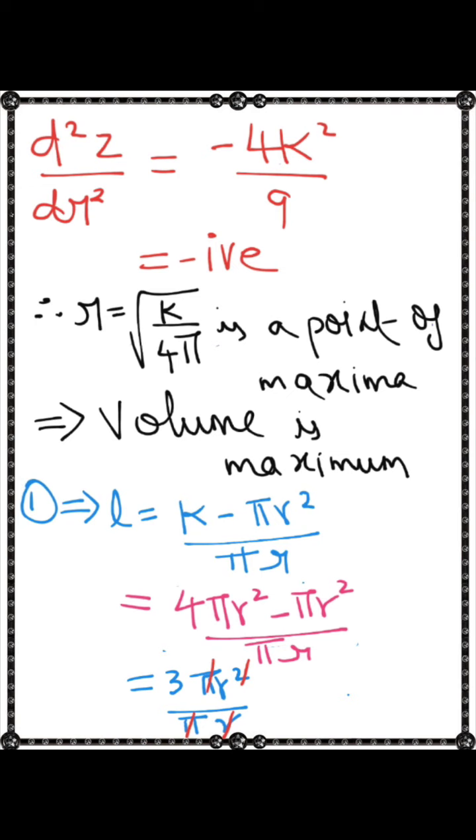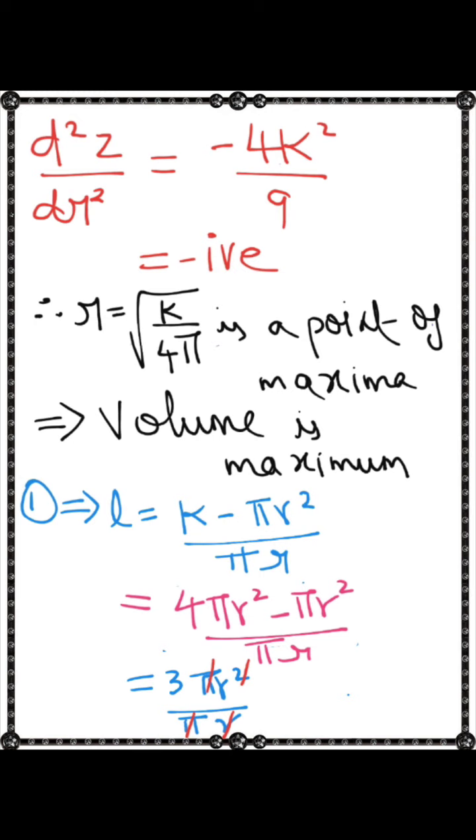We don't need to worry about the value, we have to find whether it is positive or negative. That is what is important. In the second derivative we are getting negative, so r equal to root of k by 4 pi is a point of maxima as it is negative. And if the radius is maximum, then automatically the volume will be maximum.